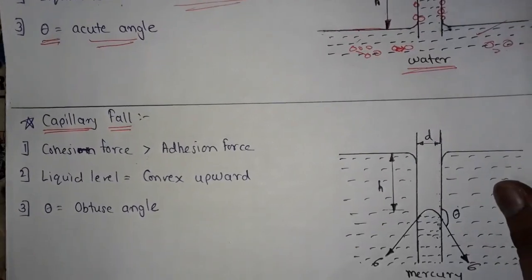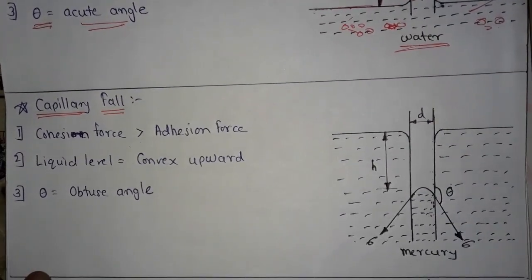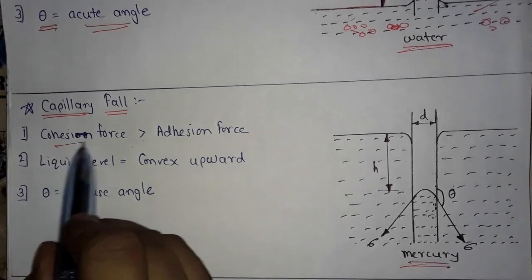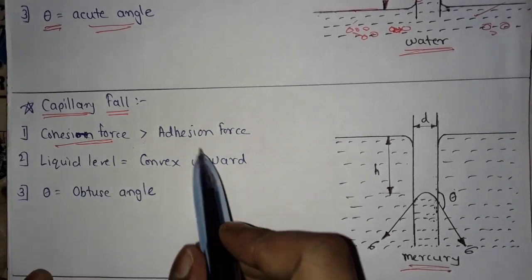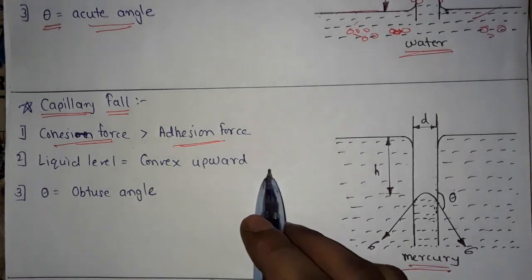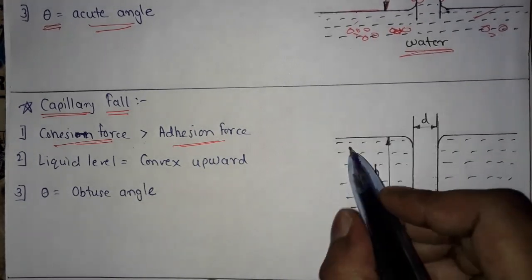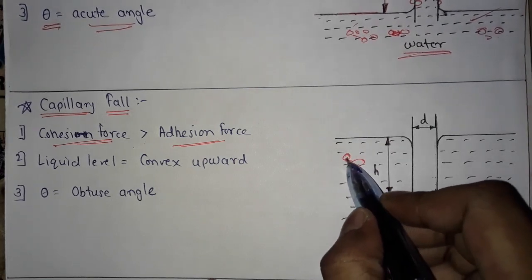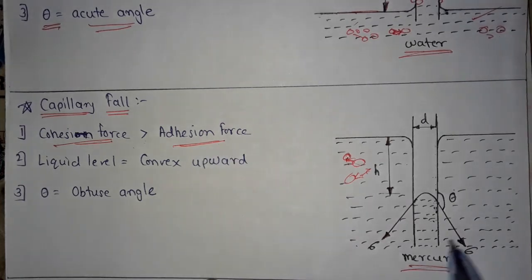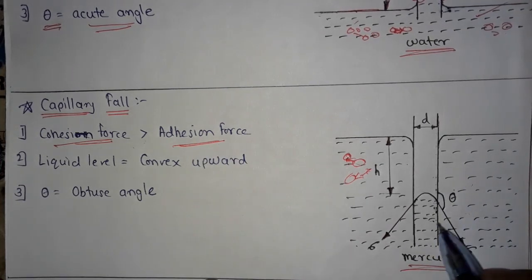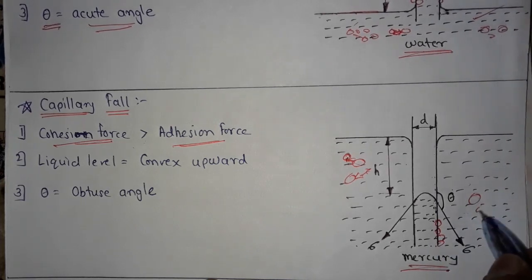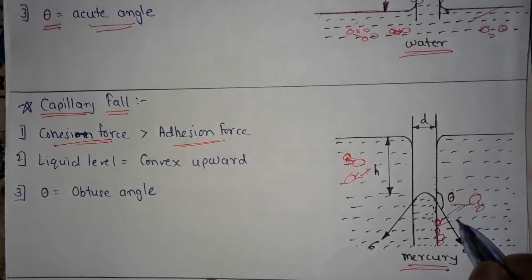For capillary fall, we will take the example of mercury. Here friends, in this case, cohesion force is greater than adhesion force. Here also, cohesive force is the force between the mercury molecules, and adhesion force means the attraction force between the tube molecules and the mercury molecules.